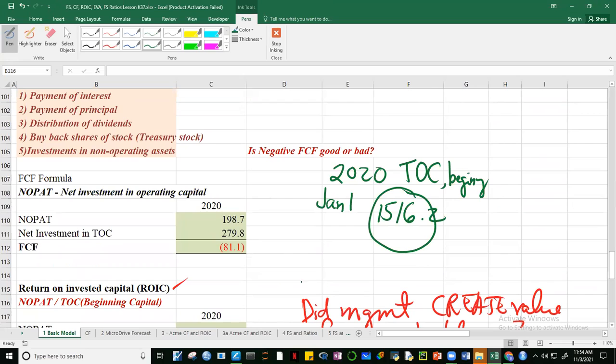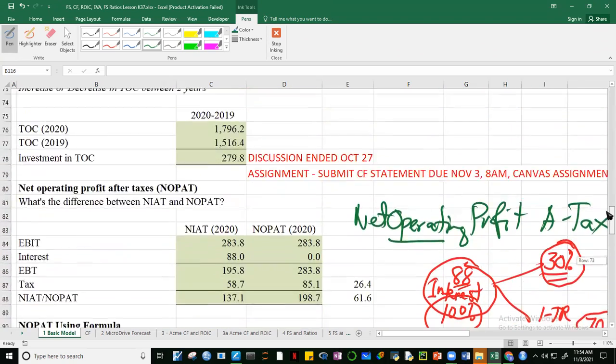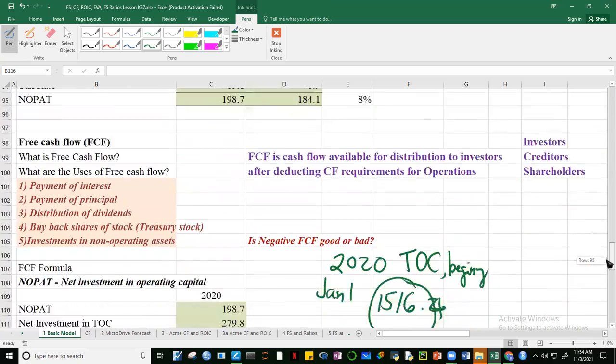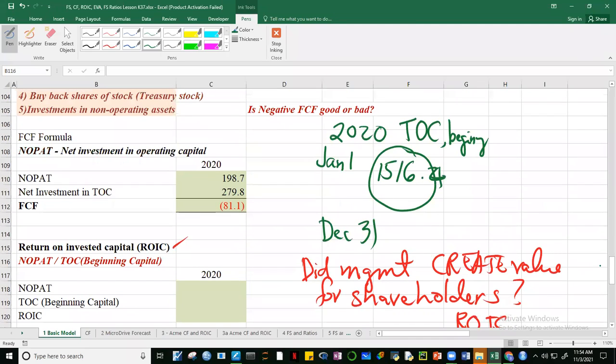At the end of the year, December 31, this already increased to 1796.2. So this was operating capital provided to management.